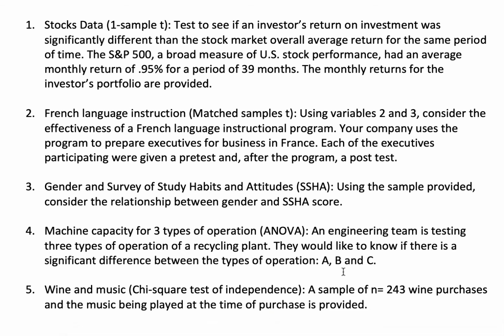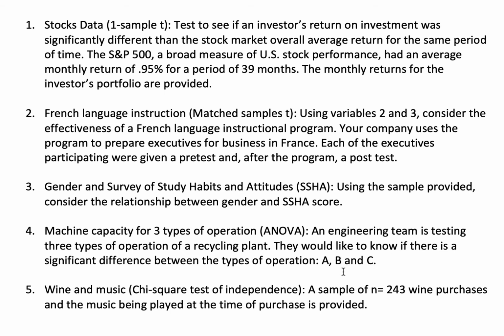Let's try another one. This one's an ANOVA, and this one is based on the original L3 exercise on the machine capacity. But here we have an additional variable, the type of operation. So an engineering team is testing 3 types of operation of a recycling plant.